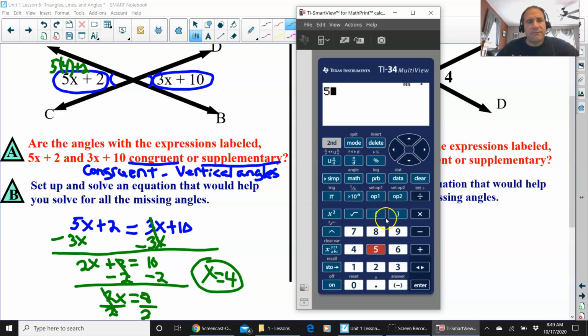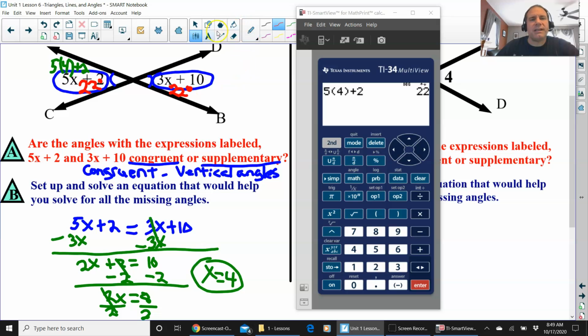So you have 5, and then look, I'm not even going to press the multiplication button. I'm just going to put 5 and 4 in parentheses because the calculator will know that you mean multiplication. So this right here is 22 degrees, and I'm going to put that down as 22 degrees. Now I know, since these are vertical, that this should be 22 as well.